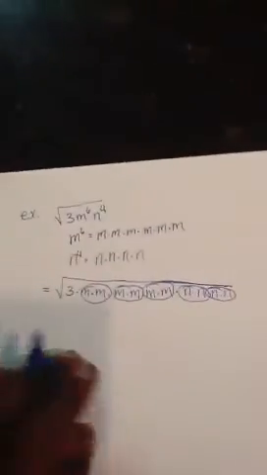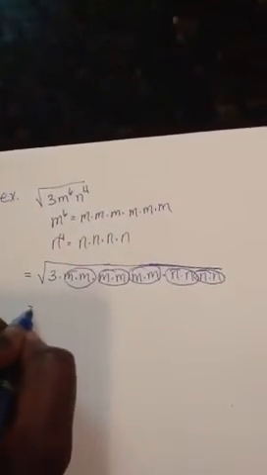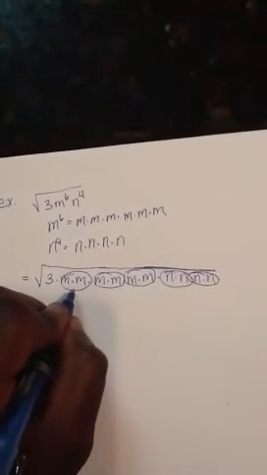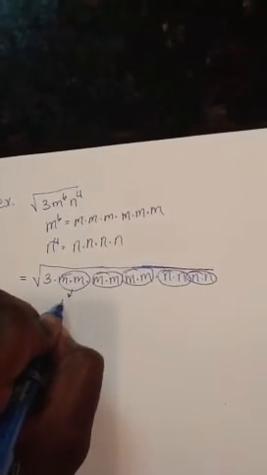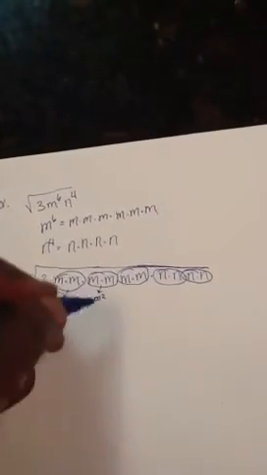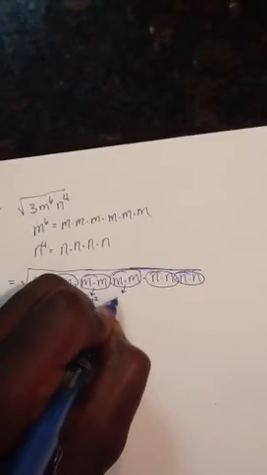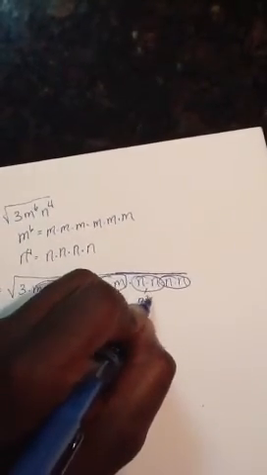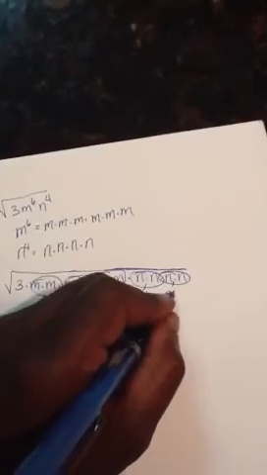So, by us having one pair of m's, that gives us m squared. This is another m squared. This is another m squared. This is an n squared. And this is an n squared.